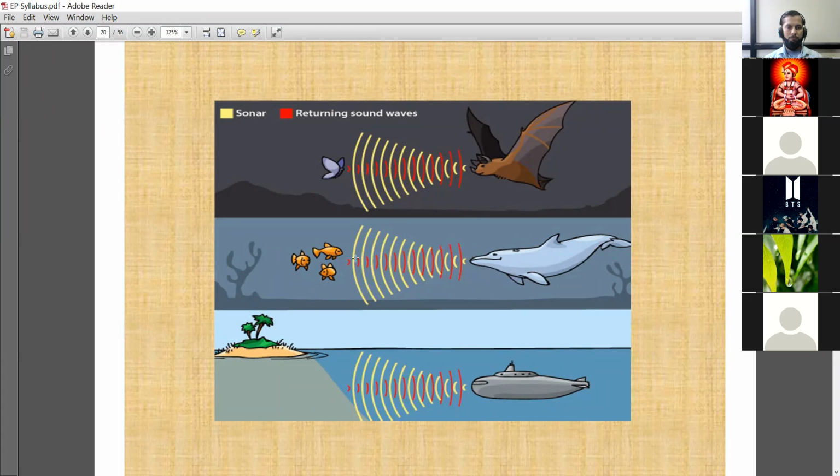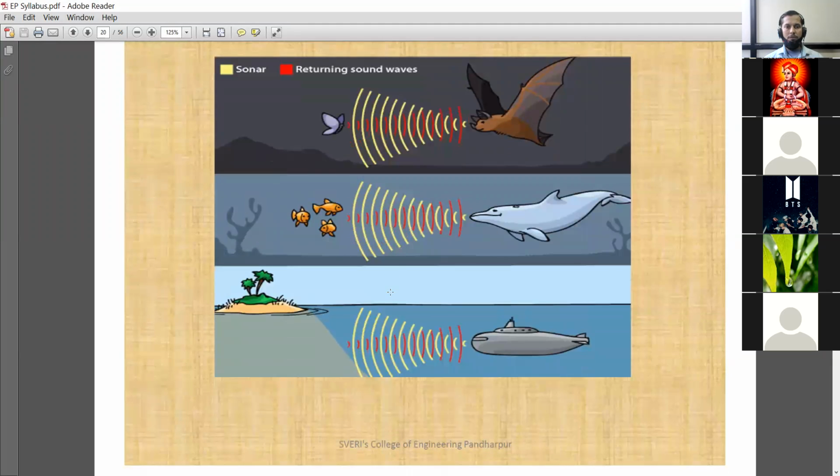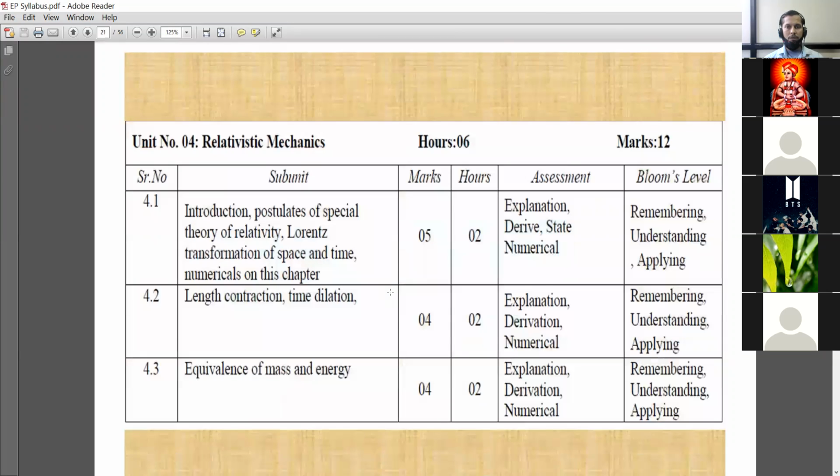They communicate and receive signals. And the third one is an artificial one, that is sonar in submarines, in which we use the sonar technique, sound navigation and ranging. We are copying nature and utilizing that. All these parts we have to discuss in detail.